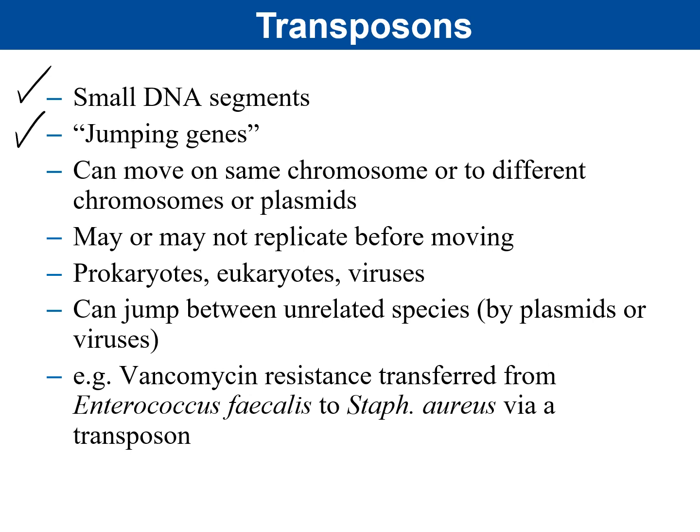And transposons since that time have been found to move from one part of a chromosome to another, so on the same chromosome, or even more unusually, to different chromosomes, or even onto plasmids.